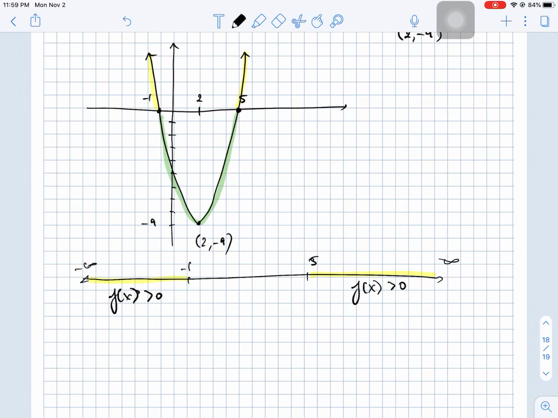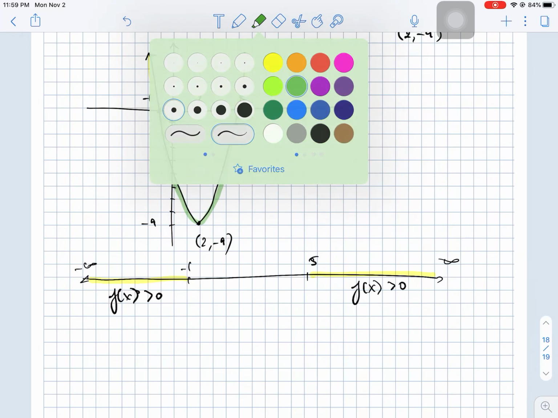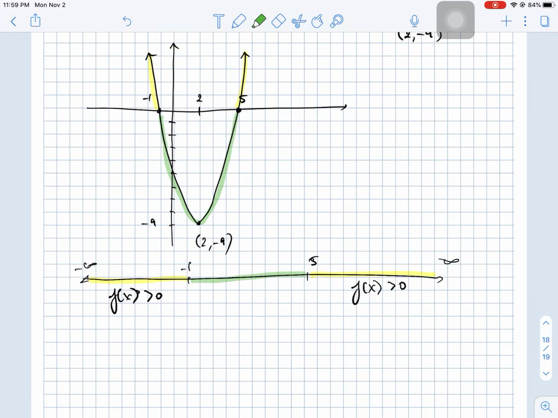We have negative 1 and 5, and more than 5 and less than negative 1 is positive. So f of x is positive where the graph is above the x-axis. So the yellow one is where f of x is positive, and the green one is where f of x is negative.